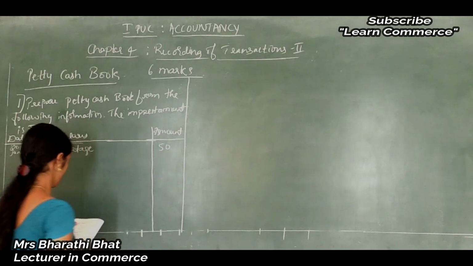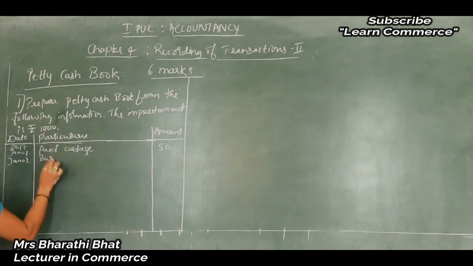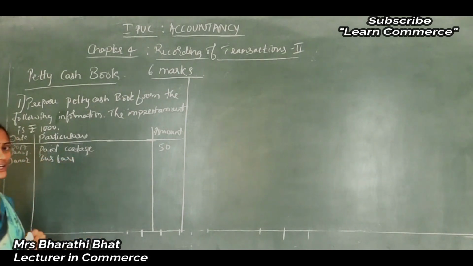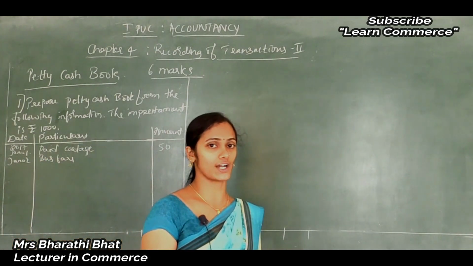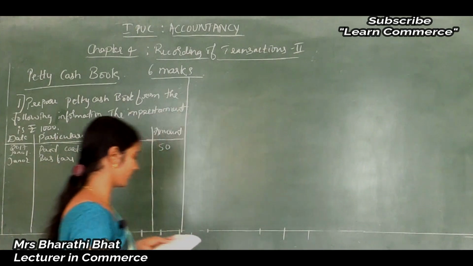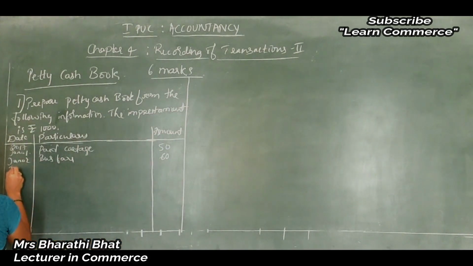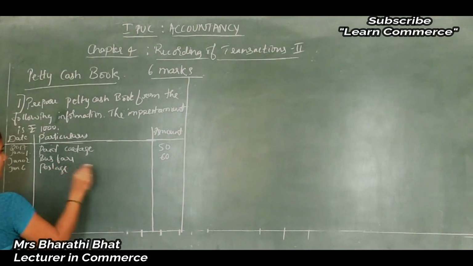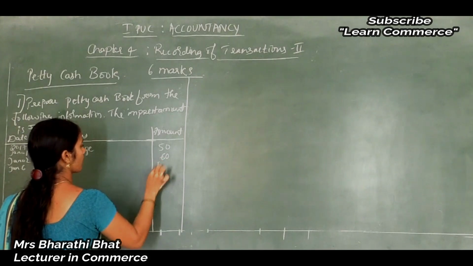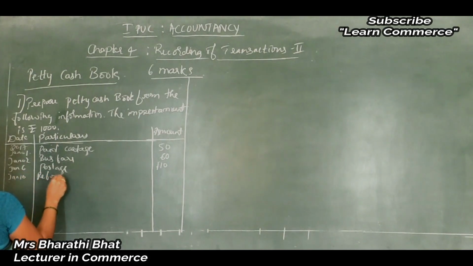2017 January 1st, paid cartage, rupees 50. Jan 2, bus fare. I told you that all travelling expenses come under the conveyance column. So bus fare, rupees 60. All these are small payments, clear? So postage 110. And next, Jan 10, refreshment expenses.